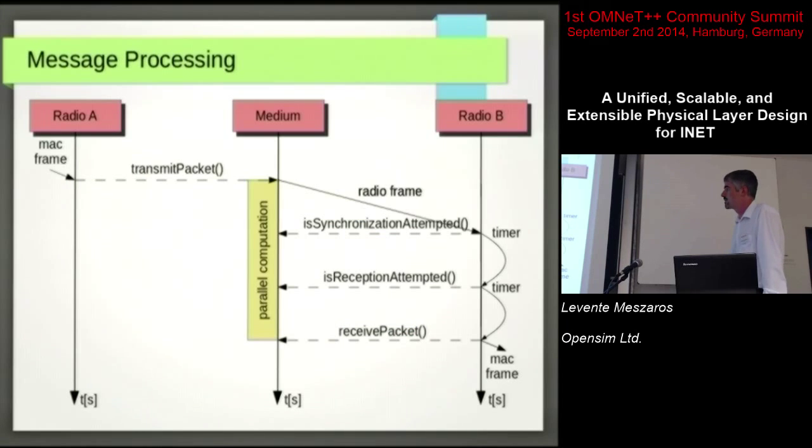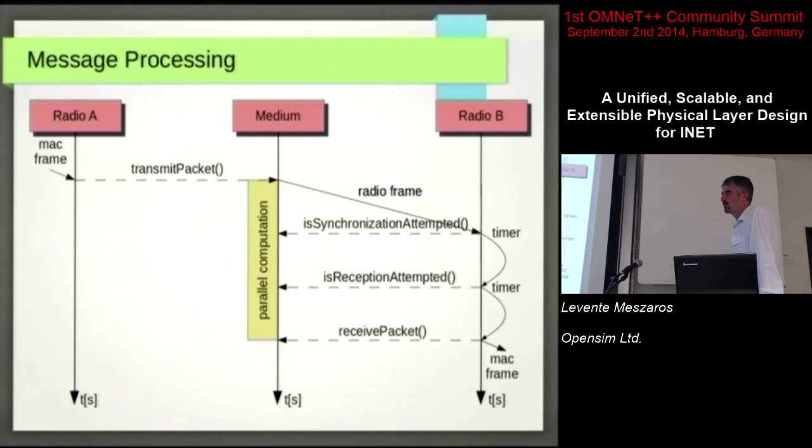And here's just a quick sketch about message processing, where the important point is where the parallel computation could happen in theory. The dashed lines represent function calls, while the solid lines represent the messages sent, and it shows that all data processing goes through the medium, the central component, so that it gives a chance to pre-compute them.